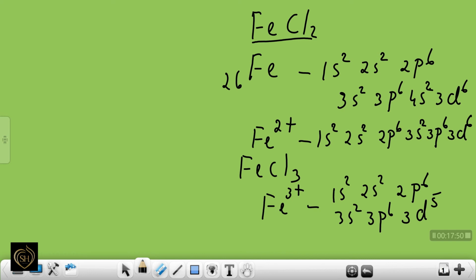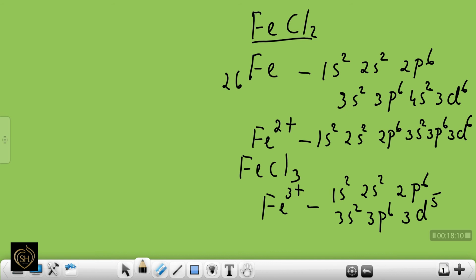So the transition elements show variable oxidation state because during chemical reaction they lose electrons from the outermost shell and the penultimate shell, because the energy difference between the outermost S subshell and D subshell is very small.